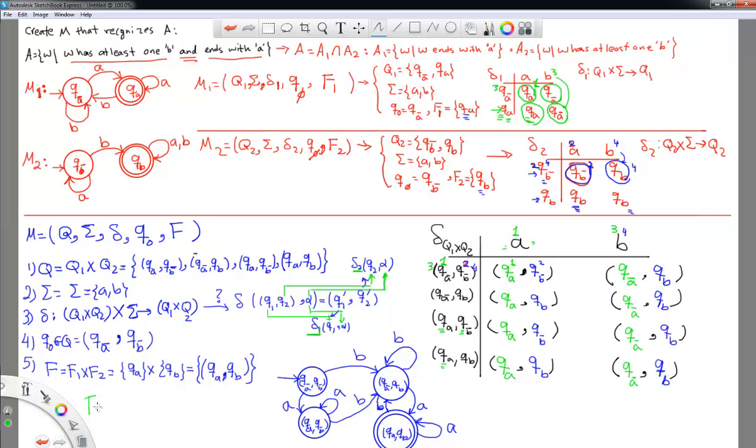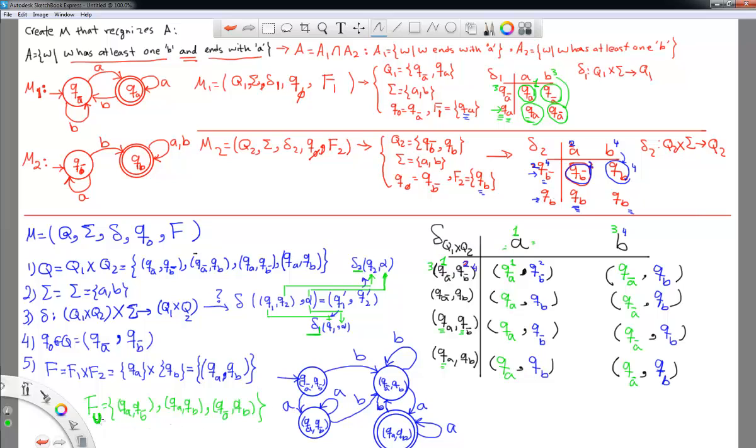set of accept states. So if I said, what are the accept states of the union of these two languages, then that would be basically a pair of states where at least one of them is an accept state. So as long as the pair has a QA or a QB, then it would be an accept state. So it's going to be QA, comma Q naught B, and then QA, comma QB, and Q naught A, comma QB.